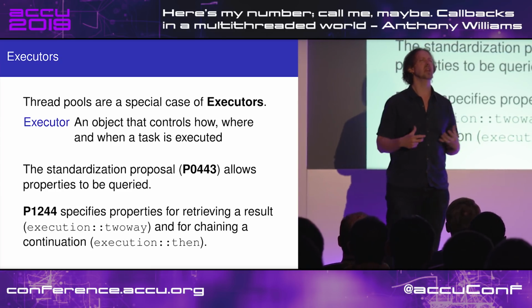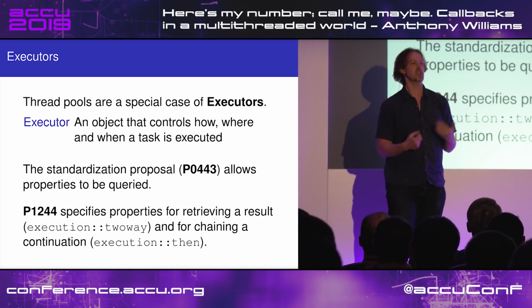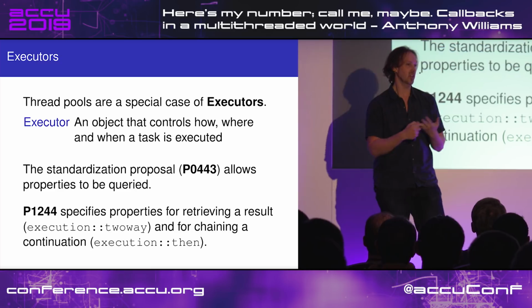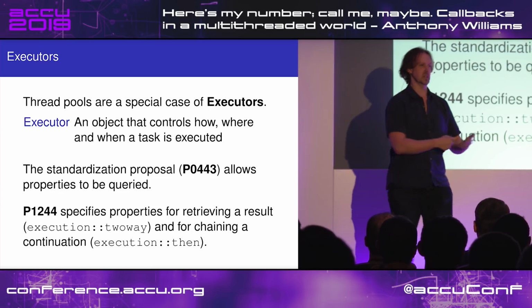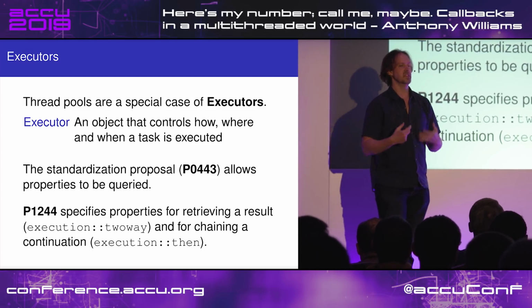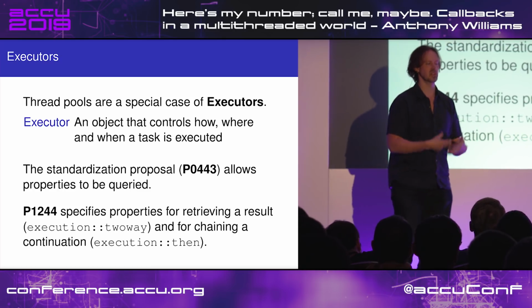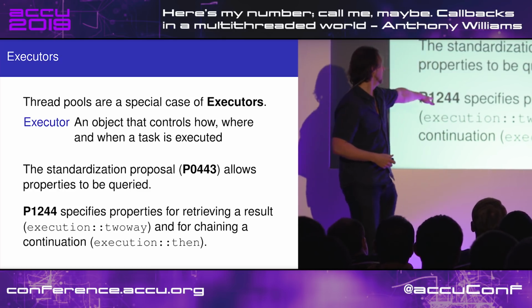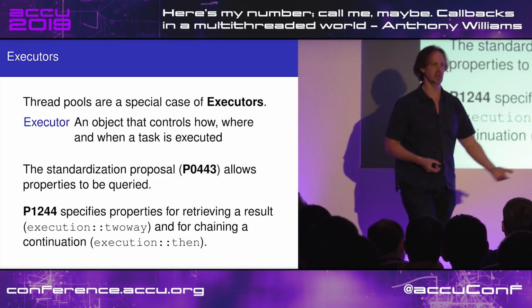And the current proposal allows you to query properties of your executor. So you can say, can I submit tasks that can give me a result back? Can I submit tasks that allow continuations? The specifics of those properties are then defined as extension properties in extension papers. So like P1244, it specifies those particular properties, but there are other ones as well.